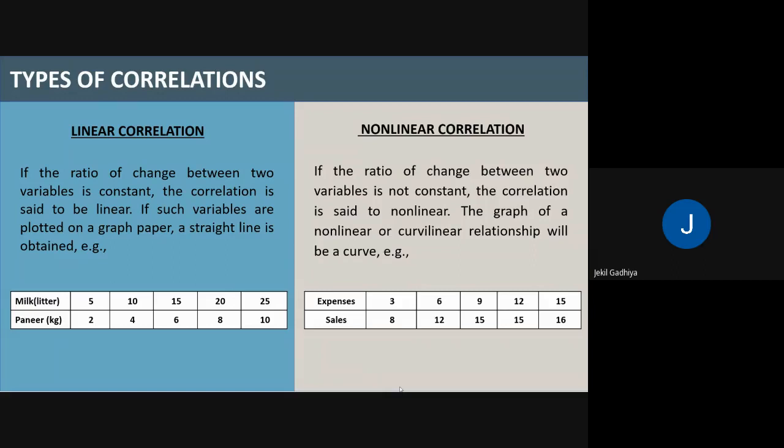Otherwise, you can arrange it in this form: 5 by 2, 15 over 6, 25 and 10, then you can take 10 and 4, and you can take 20 and 8. So the ratio is the same in each and every data, but it is not in arithmetic progression. In this example, it accidentally generated the condition of arithmetic progression.